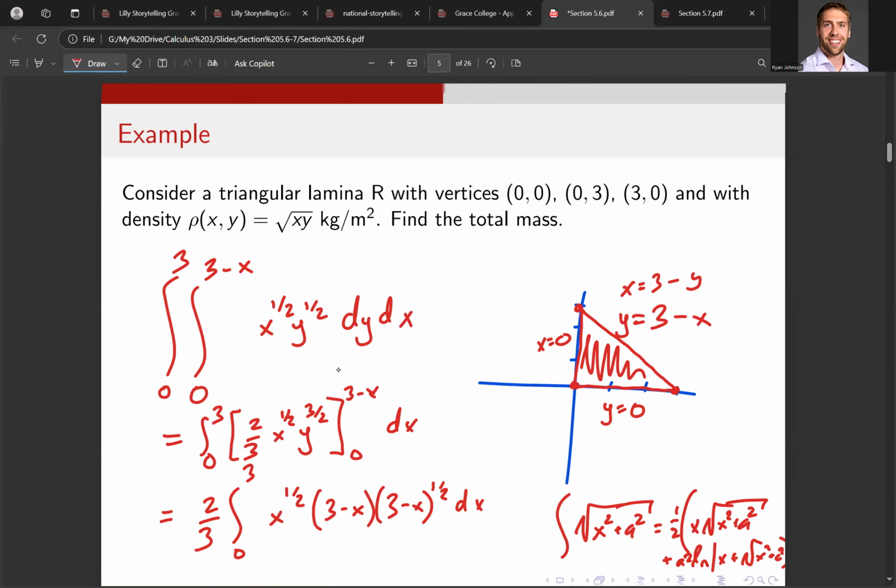Now, there's one nice thing. You know what one of the nice things is? When you're doing these problems, work smarter, not harder. How can we work smarter, not harder? What sort of symmetry does my shape have?